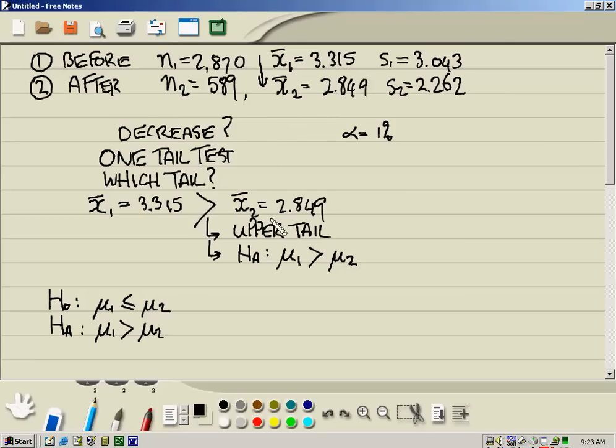That which happens in the sample is translated to the alternate, so the alternate describes a decrease. If you want to see it another way, mu1 is the average before the ban, mu2 is the average after the ban. The average after the ban is smaller than that before the ban, so that's a decrease. So the null is the complement of that, no decrease.